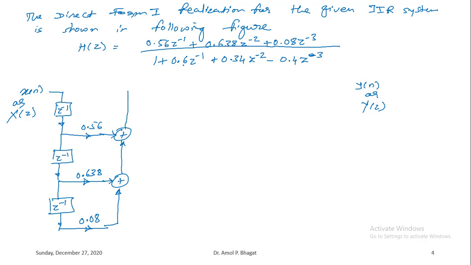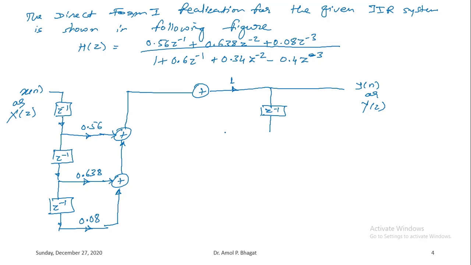Now we'll try to realize the denominator here. For realizing this denominator, we have this output which is fed back into the system. So we'll require z inverse here, but there is one term, that is the first term 1 here, right? So that should be added, correct? So we'll need an adder, and this term is 1. Then 0.6 z inverse is there, so we'll need a delay element.